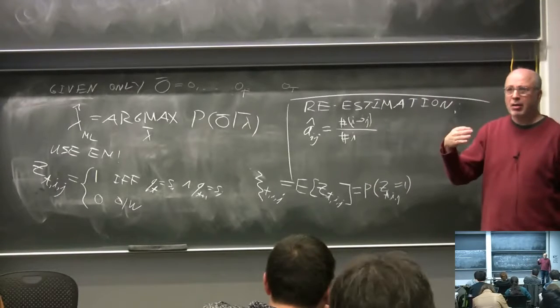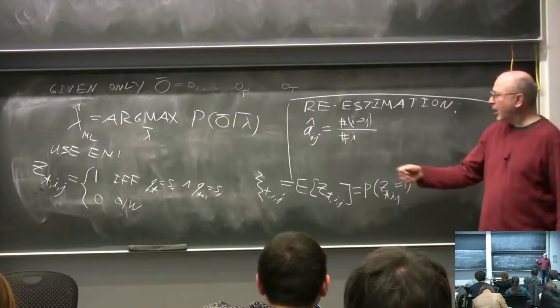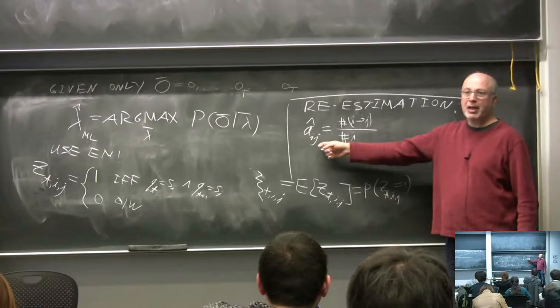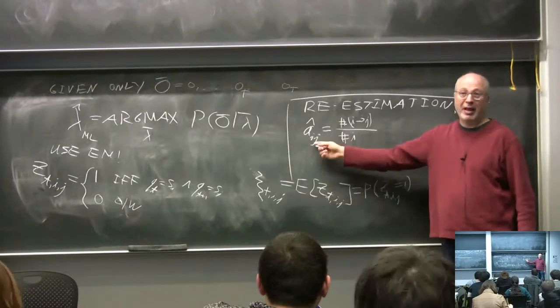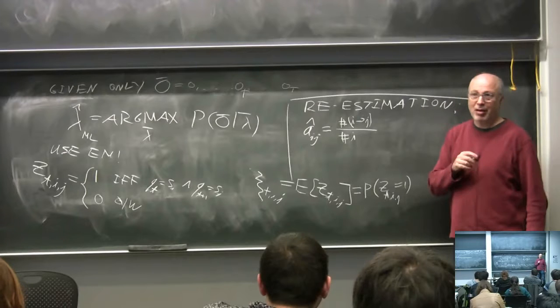So if I had access to the hidden data, to the hidden sequence, I would calculate this, and this would be my relative frequency, and therefore maximum likelihood estimate of Aij. But I don't have that.